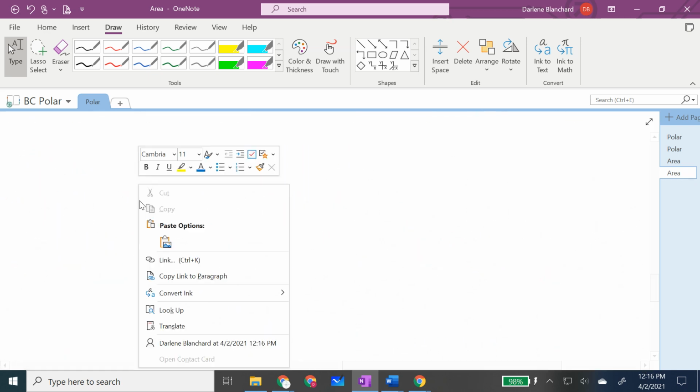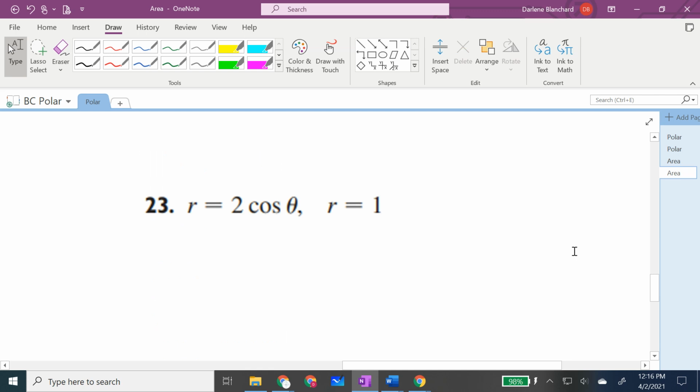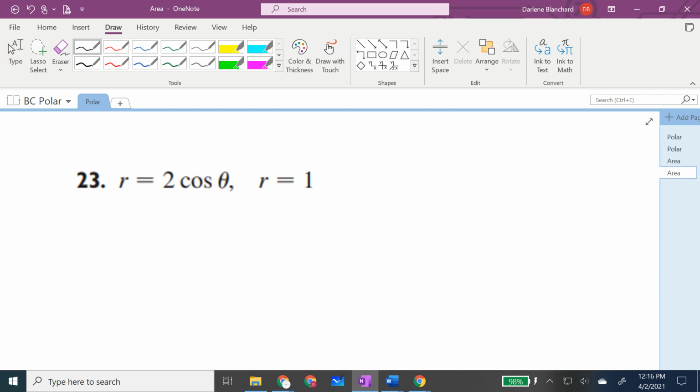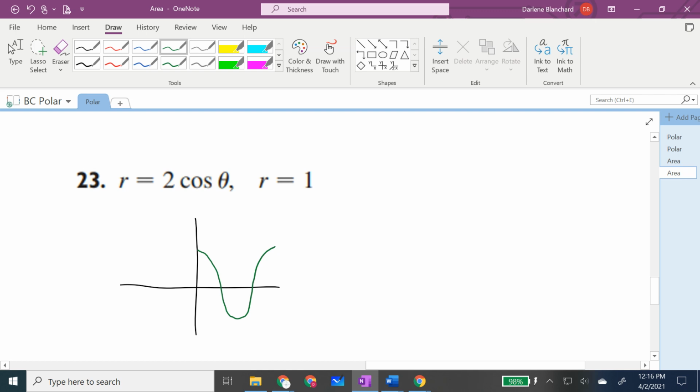Okay, so you're trying to graph this. Start off with Cartesian, and 2 cosine theta goes wee, wee. And it is just theta, so 2 pi. Amplitude is 2.